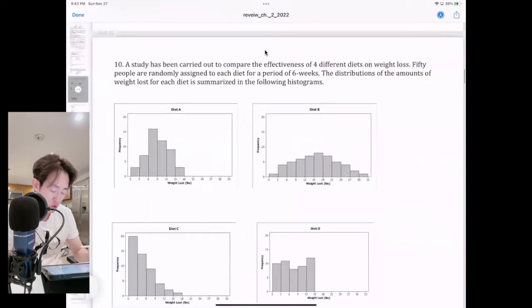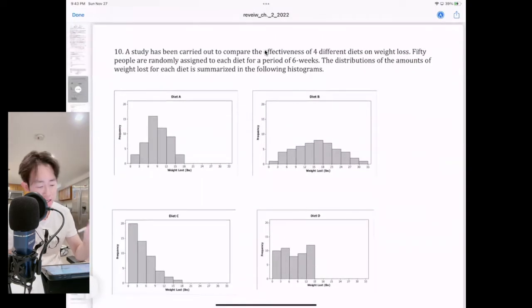Number 10 was a little tricky, but I think you first have to take a look at this. Take some time to digest it, and then try to locate for me where possibly the center may be. Now, we're talking about the average, and we're not talking about the median. So it might be a little bit difficult because you can't really cross these out anymore.